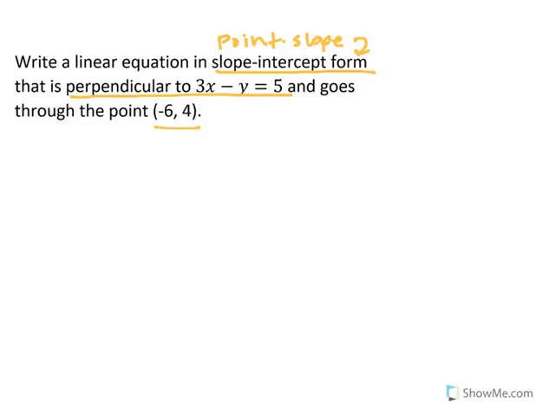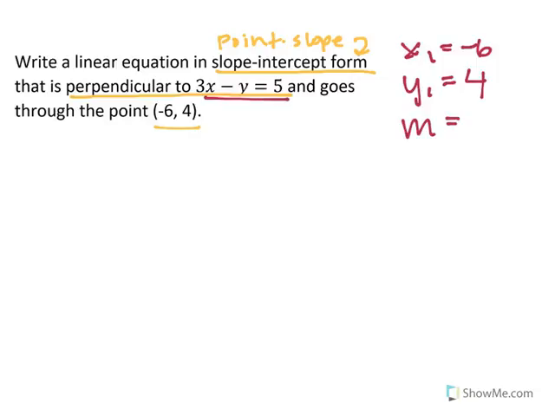So again, we've got our 1 point, x1 equals negative 6, y1 equals 4. But we don't know our slope again. Alright, we have two things that we can do here and that we need to do here.